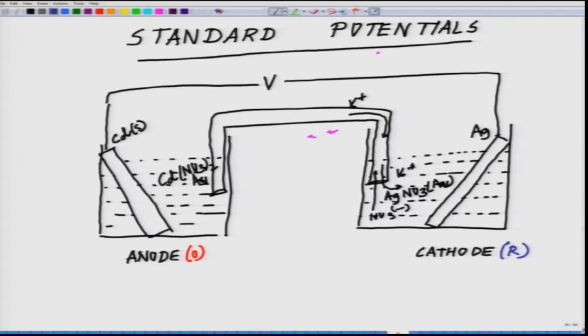This is where we observe some of the potassium ions going inside the cathode side and some of the NO3 ions coming out of the salt bridge on this side. Here you have the NO3 minus, and this is your salt bridge.